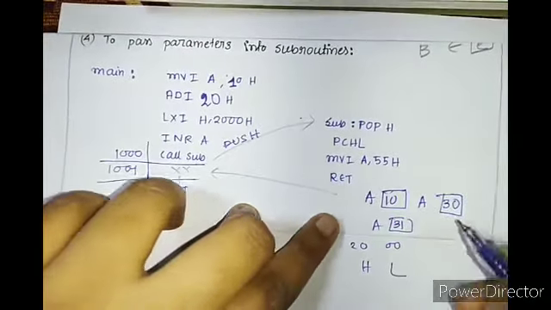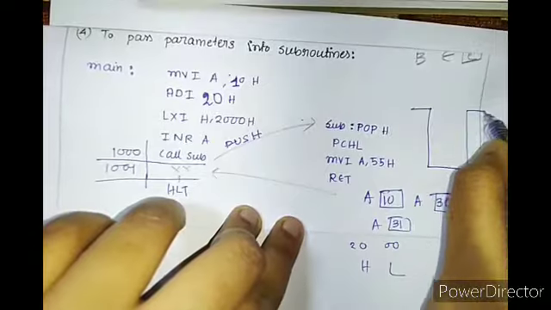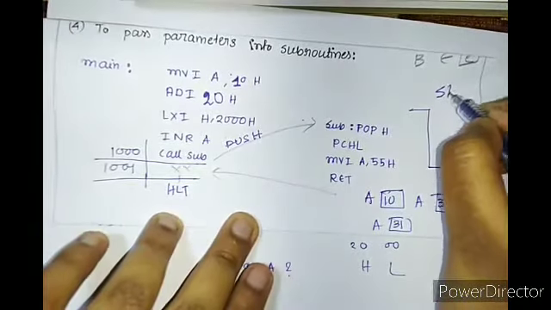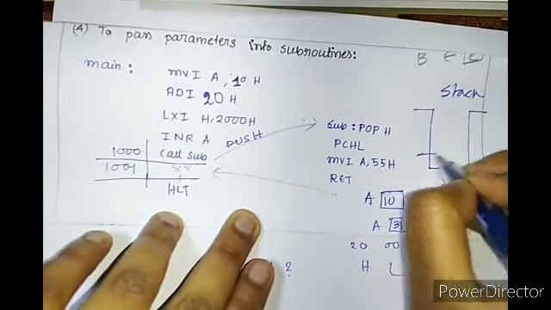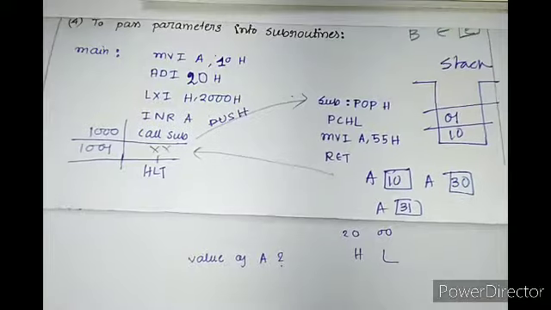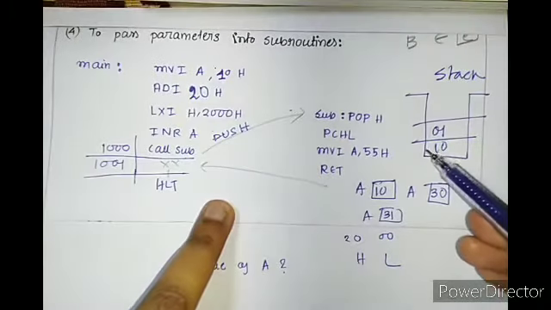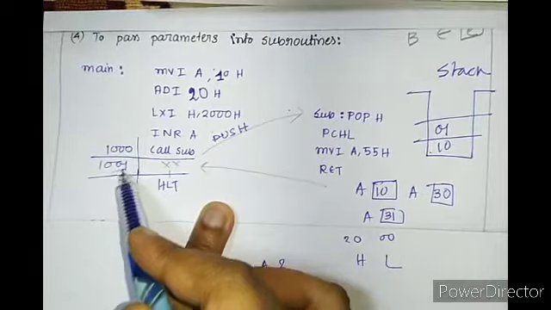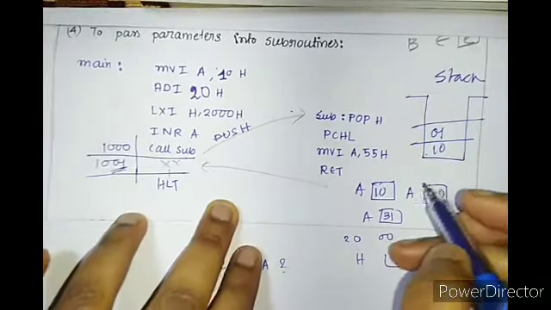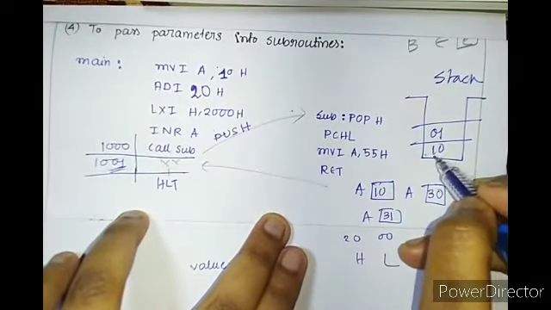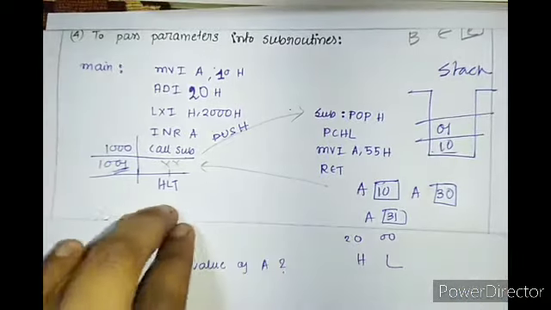So at my stack pointer, the data that is stored is 10001, the return address.